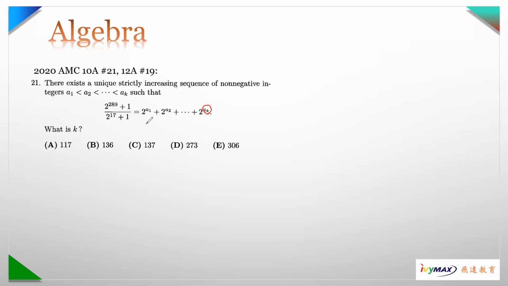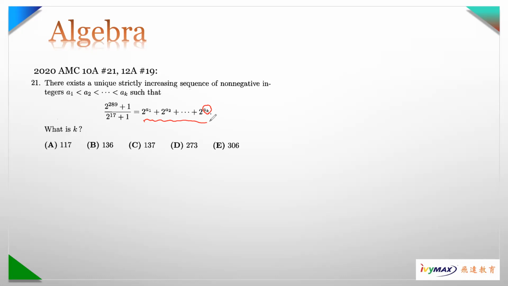So they want to know how many exponents based on 2 there are. This is the first thing we need to understand: what is k? They want to know how many, instead of what the value of the last exponent is.